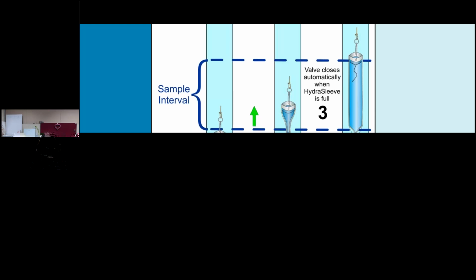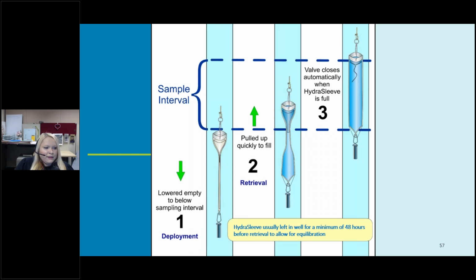So to deploy the HydroSleeve, it is lowered into the well with a weight at the bottom, and it can either have a bottom weight or a top weight depending on the size of the well. It might need to be compressed down at the bottom of the well if you need to sample at the very bottom. And then it should be pulled up quickly to fill after its equilibration period at approximately a rate of 1 foot per second.